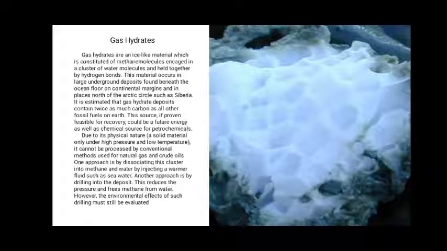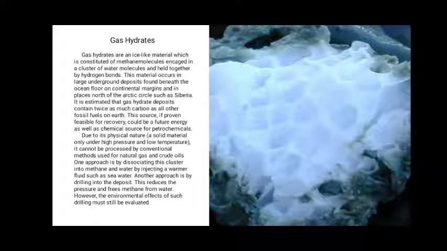It is estimated that gas hydrate deposits contain twice as much carbon as all the other fossil fuels on Earth. This source, if proven feasible for recovery, could be a future energy as well as chemical source for petrochemicals.